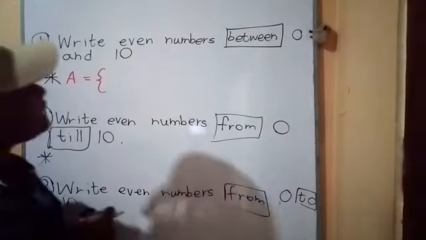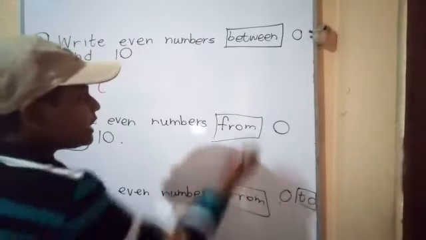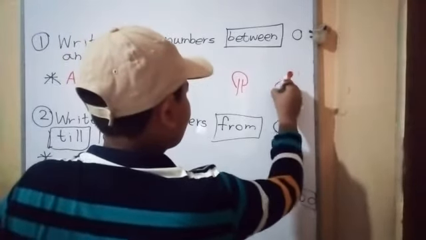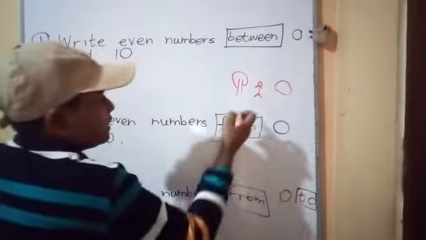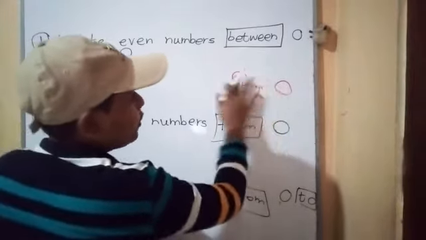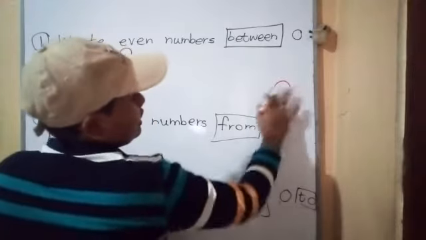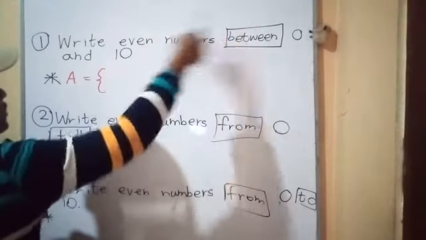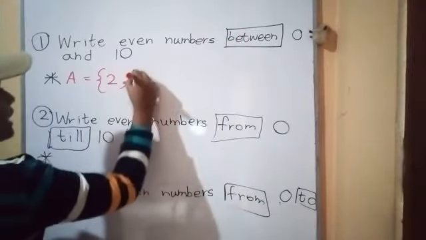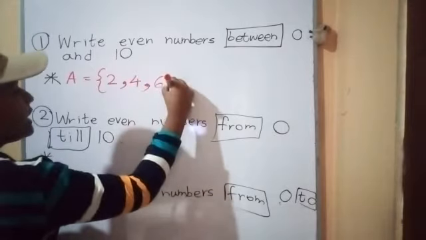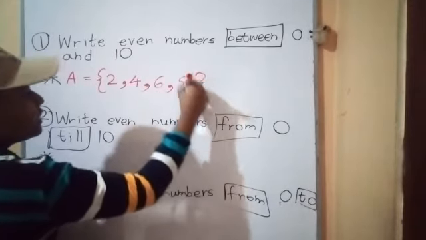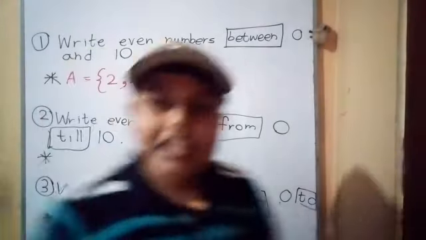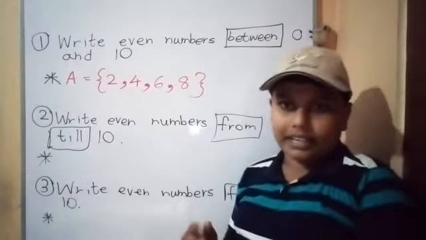Between means you have 0 and 10, and you take the numbers in between them. So the even numbers are 2, 4, 6 and 8. You can't take 10 or 0.